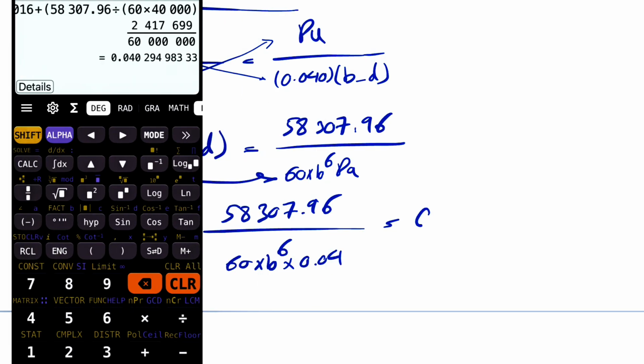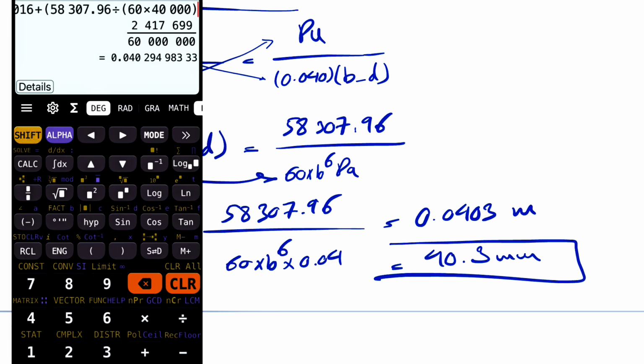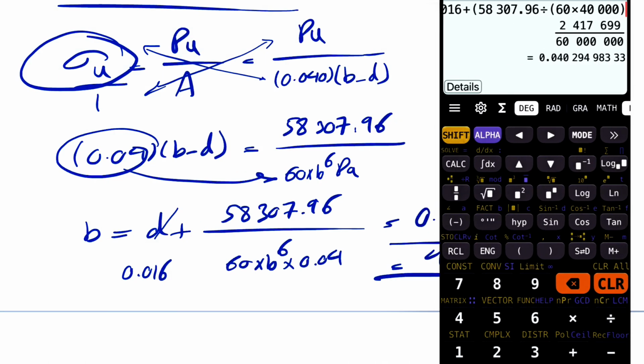That's going to be, obviously in meters, 0.0403 meter or 40.3 millimeters. So that's our B.